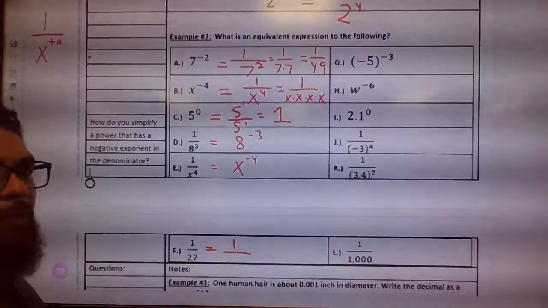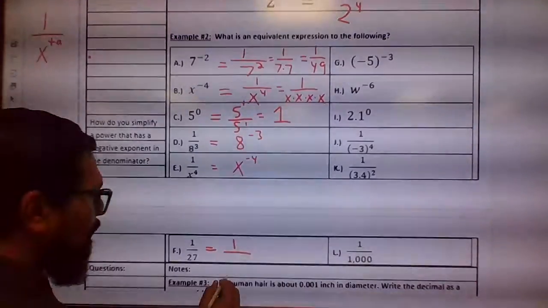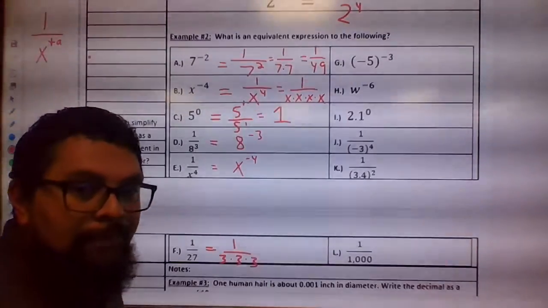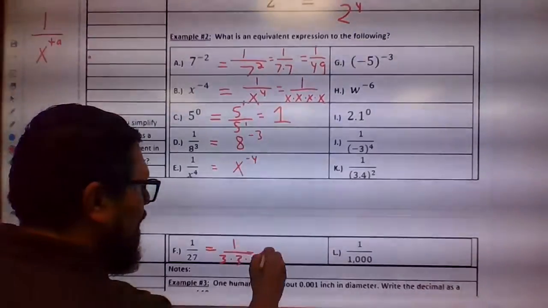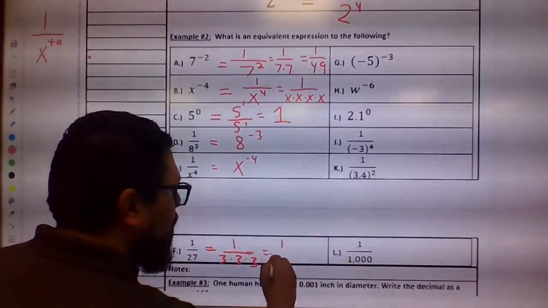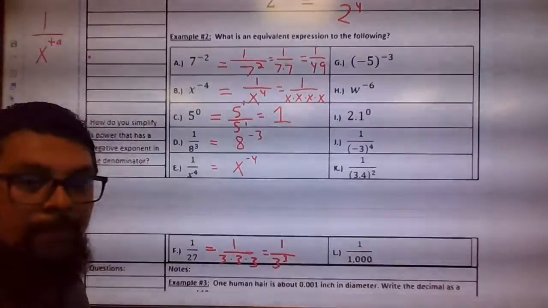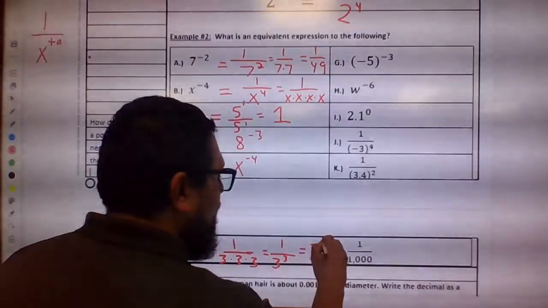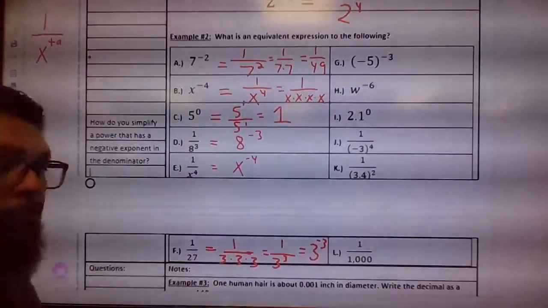But 1 more 3 would make it 27. So this would be 3 times 3 times 3. And this is 1 over 3 to the 3rd, which equals 3 to the negative 3. We're done with that one.